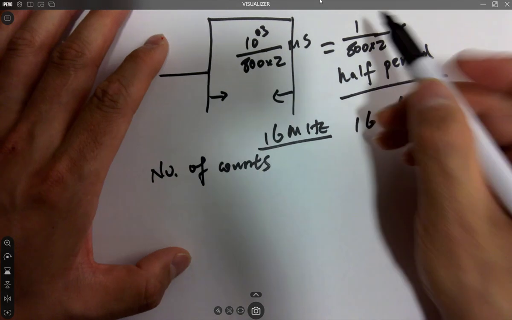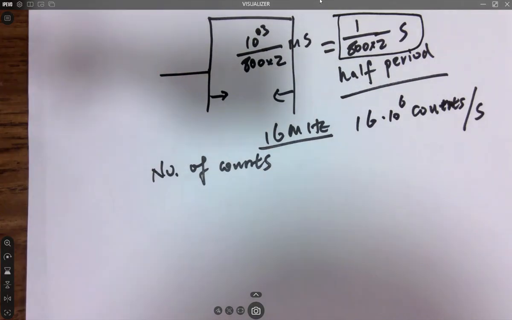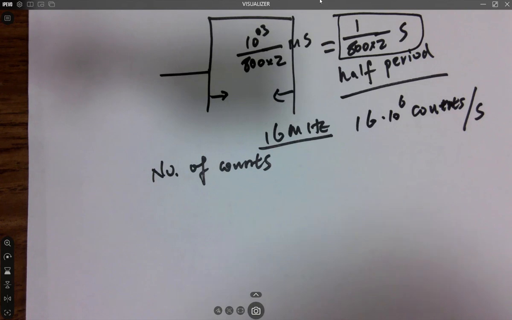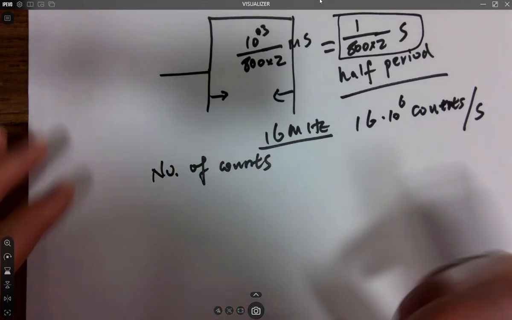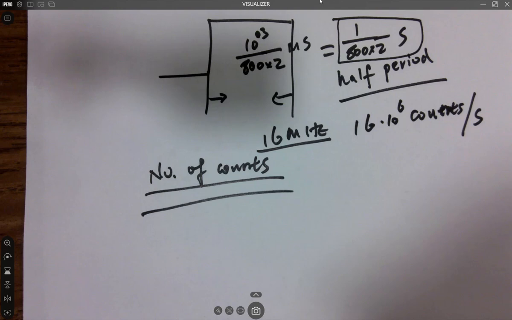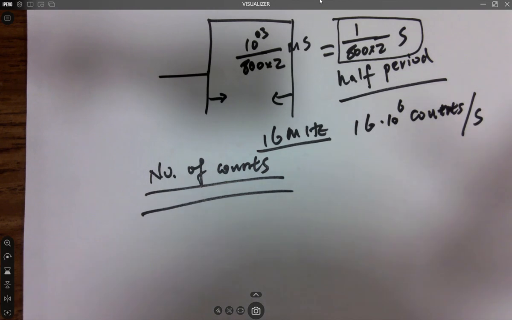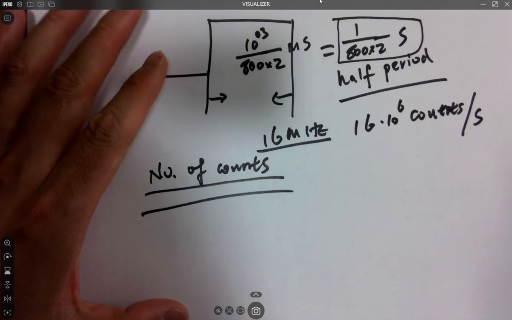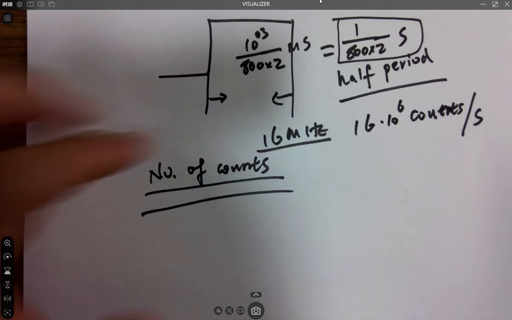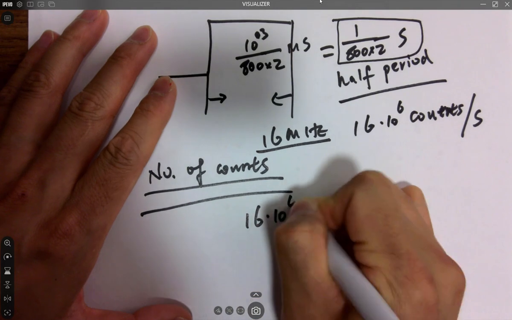And we know that this is the desired time to stop counting. Do we need more information to know the number of counts it's going to take? We know how fast it is counting, and we know how long we want to let it count. Can we know how many counts result from that? Yes. How? Multiplication, right? It's 16 times 10 to the 6.